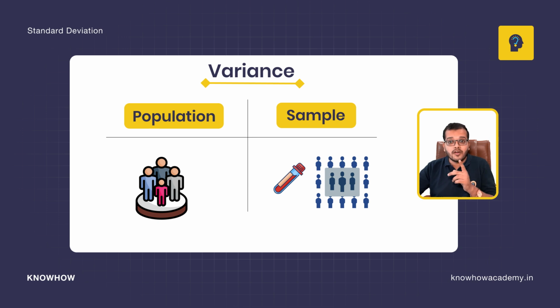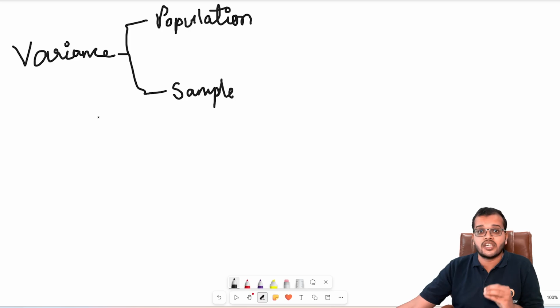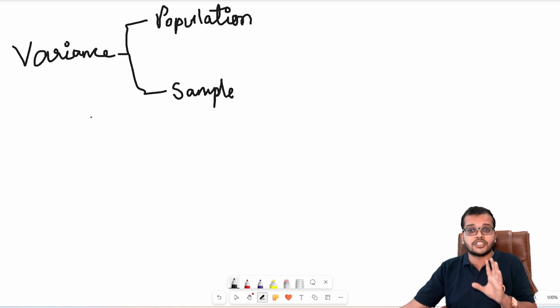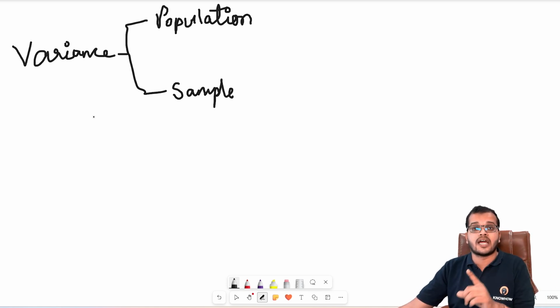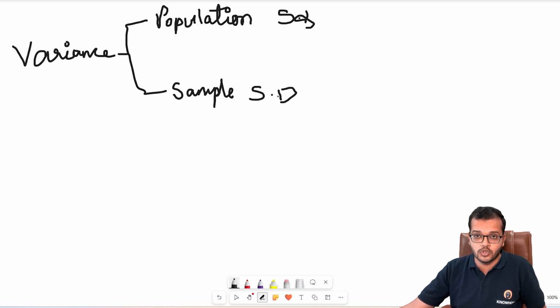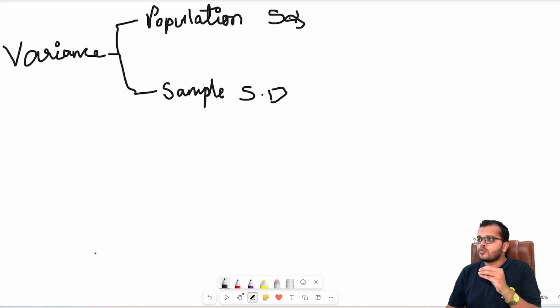Now we have to understand in the same way the formulas for population standard deviation and sample standard deviation. If I write it here: population standard deviation and sample standard deviation. In order to work on any sort of calculations or any sort of data set, we have to use these formulas.